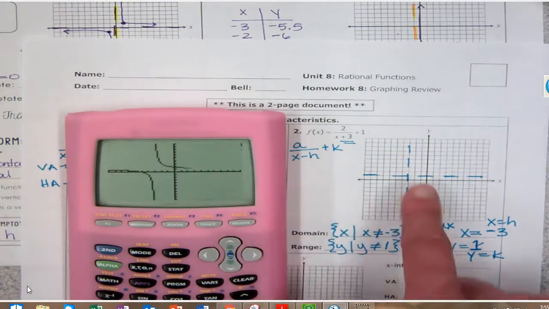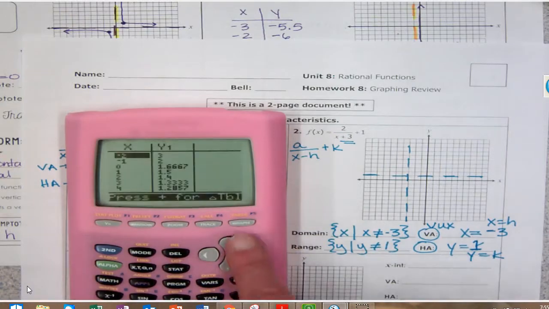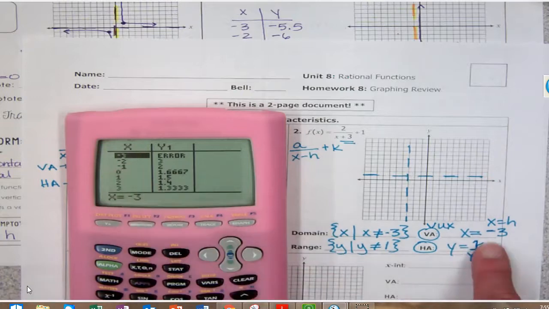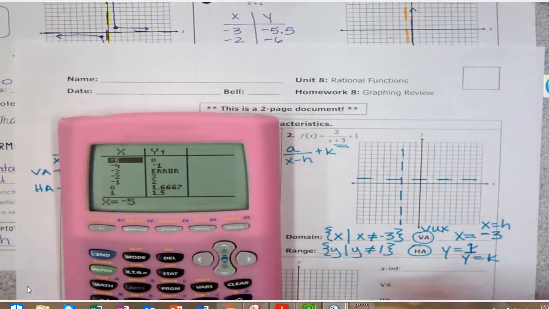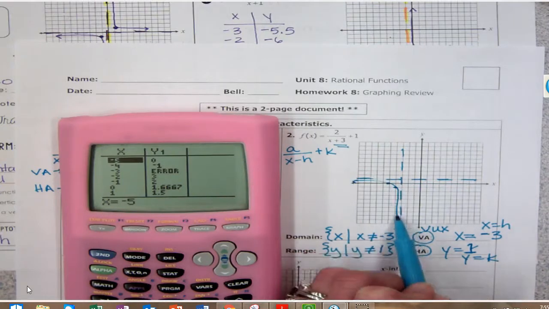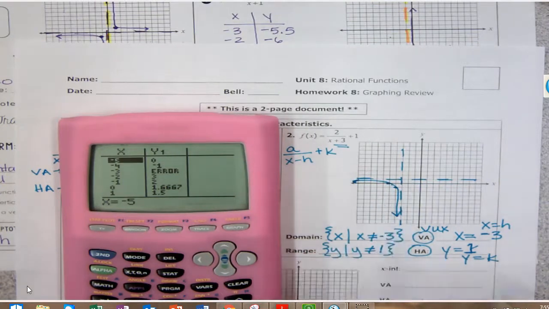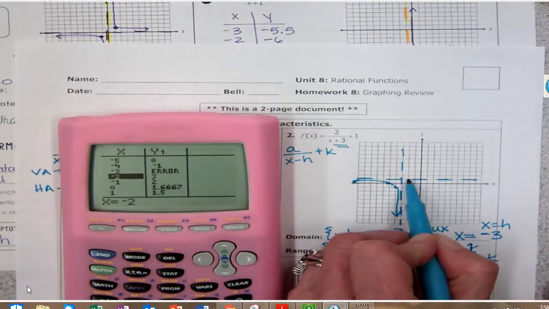Graph. I'm checking to see that my asymptotes are about right. Yes. I'm going to go to my table. I'm checking to see that at negative 3 it says error. Perfect. Now I'm just going to look at 2 points above that, negative 5, 0, negative 4, negative 1, and I'm going to look on the other side of my asymptote, negative 2, 3, negative 1, 2.